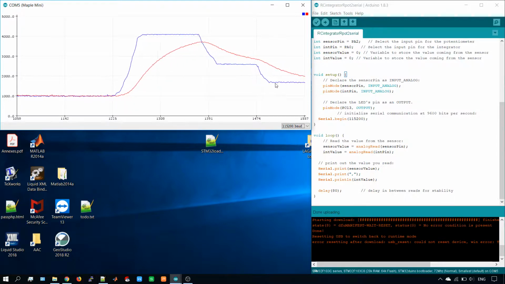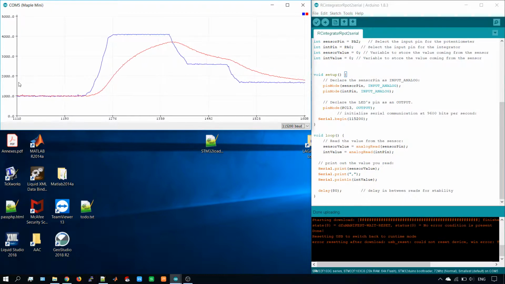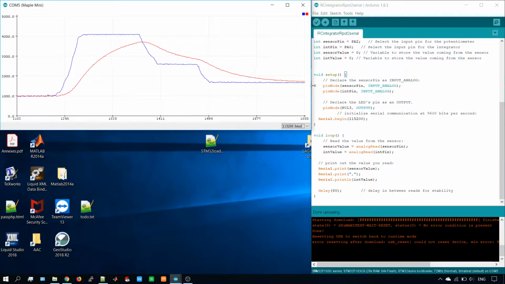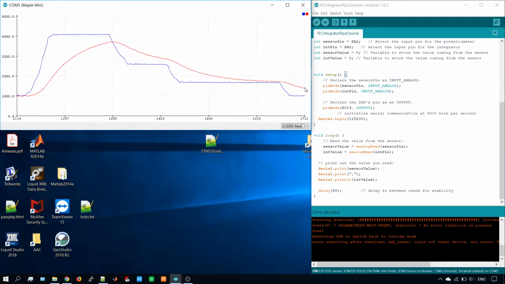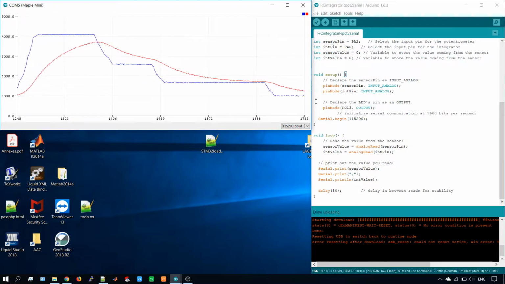If we just stay at this depth, which is like 8-meter depth, we will reach equilibrium, and then we go to the surface and the nitrogen keeps going to reach the equilibrium.